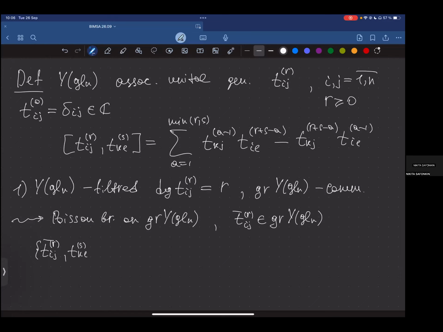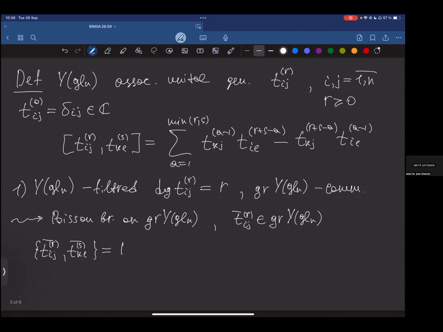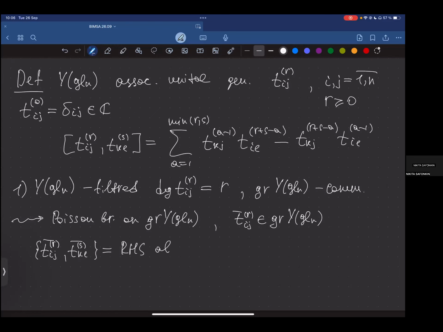And here on the right-hand side, we should just put the right-hand side of the equation above. So it's not very interesting to discuss it in more detail right now. I just want to mention that the Yangian has some filtration with respect to which the associated graded algebra is commutative and carries a natural Poisson bracket.